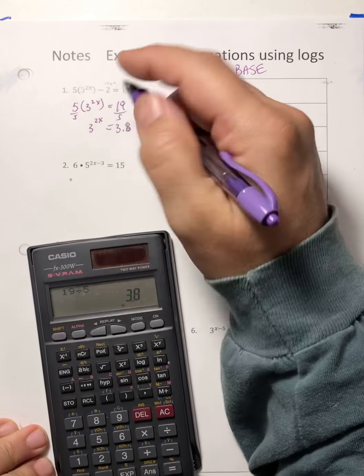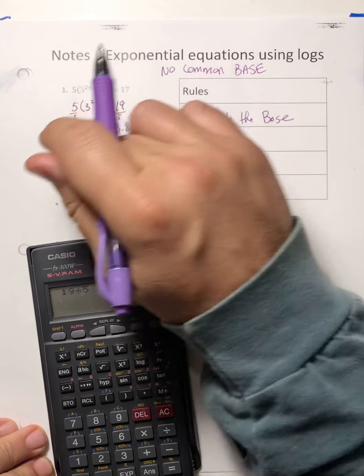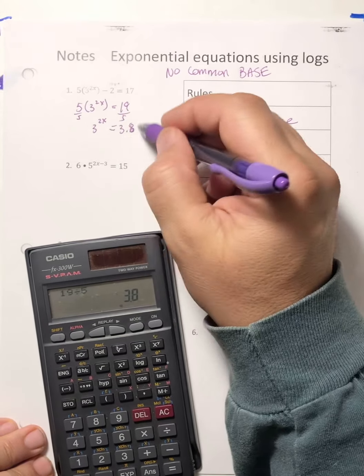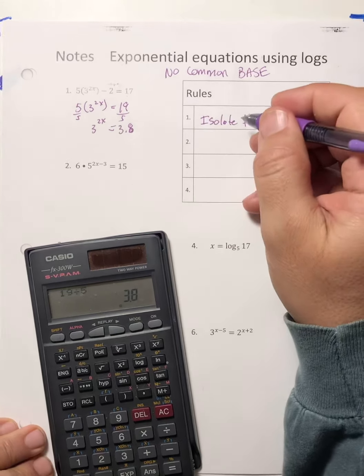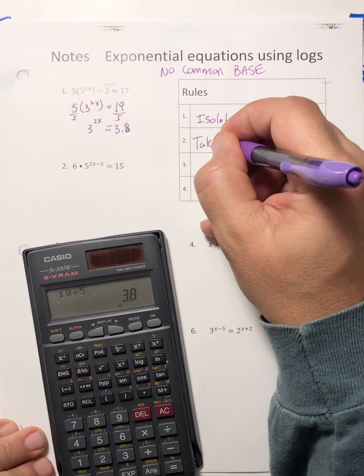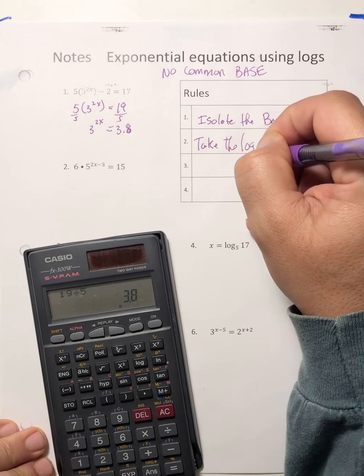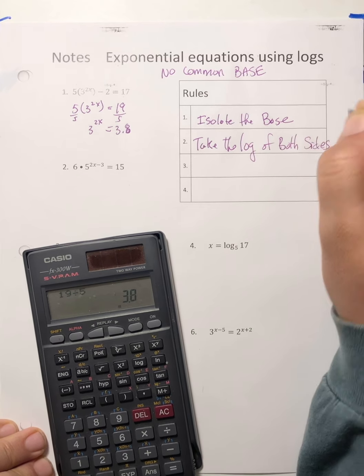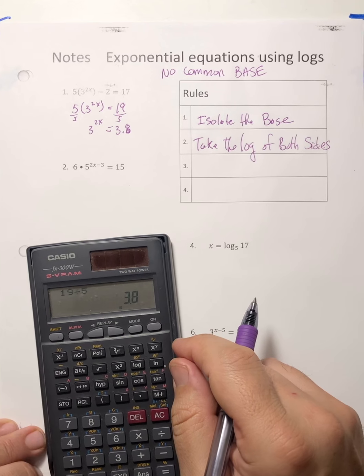3.8. Now, these bases are not the same. Okay? We cannot get common bases here. So, what we have to do is what's called take the log of both sides. Okay?